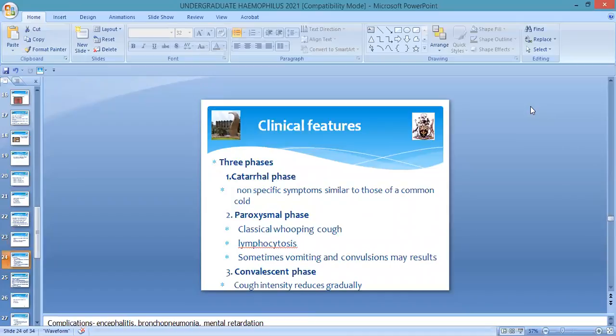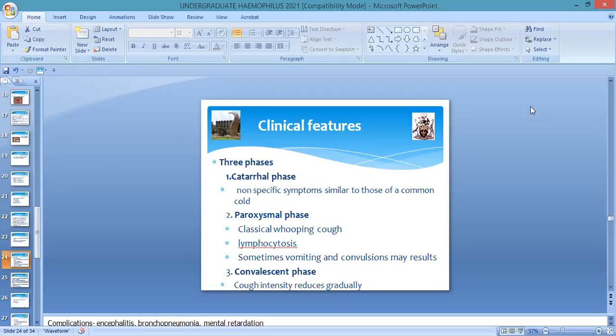So in terms of the clinical manifestation of Bordetella pertussis, we have three major phases. We have the catarrhal phase, then we have the paroxysmal phase, and the convalescent phase.